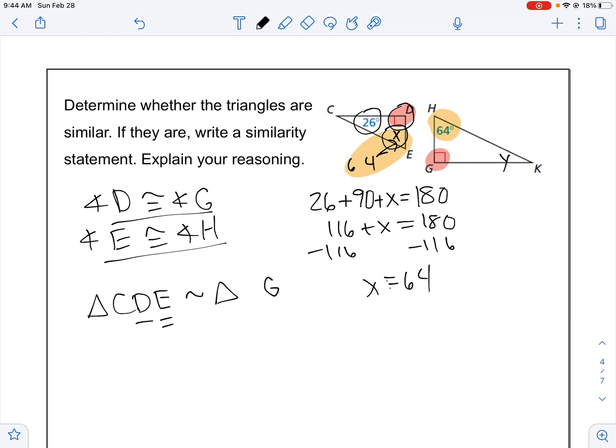We know E and H match up, so that's going to be our third. Well, the only one we didn't use was K, so K has to go here. And there we go. We proved that these two triangles are similar because we found two pairs of congruent angles.